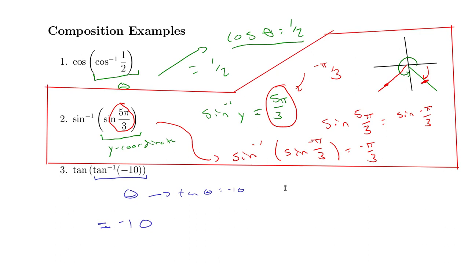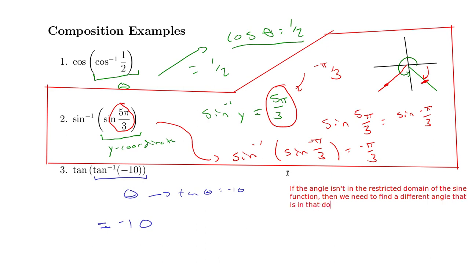So here, the main key is if the angle isn't in the restricted domain of the sine function, well, let me skip down here, then we need to find a different angle that is in that domain that gives us the same function value for sine.